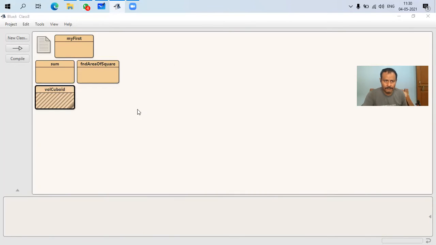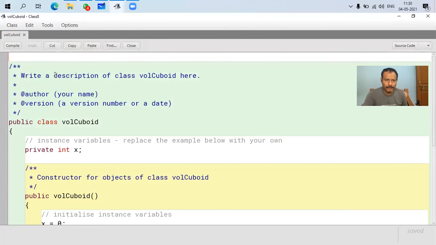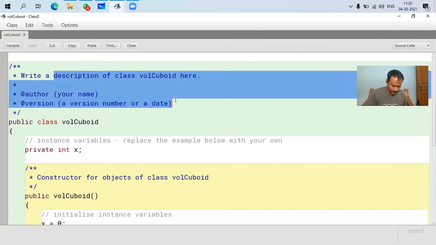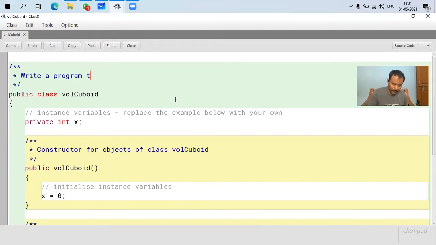Then write a program to assume length, breadth, height of cuboid and calculate the volume.